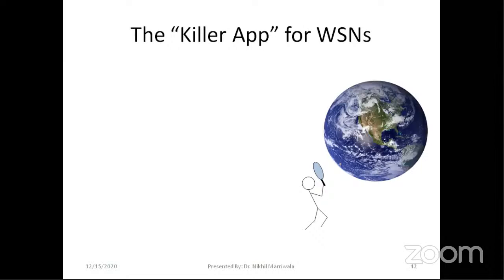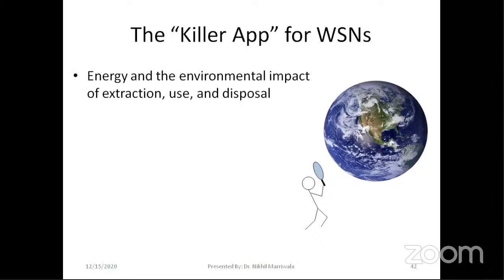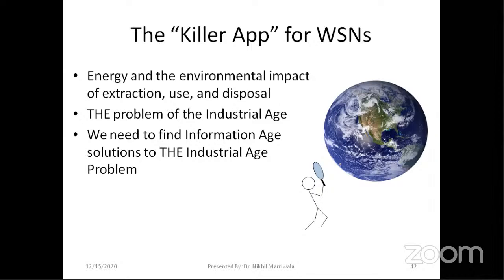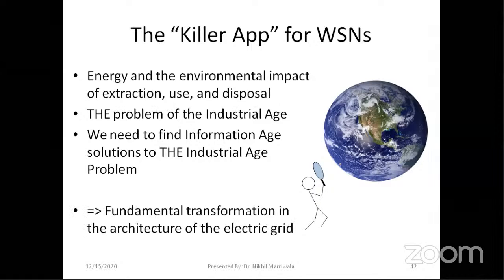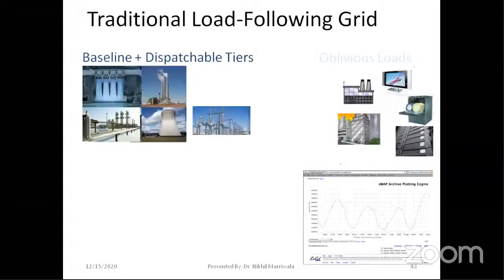The killer app for WSNs. This is how you can see the world, right? So energy and the environmental impact of extraction, use, and disposal. The problem of the industrial age. We need to find information age solutions to the industrial age problem, and a fundamental transformation in the architecture of the electric grid. So how is this done? Have a look.